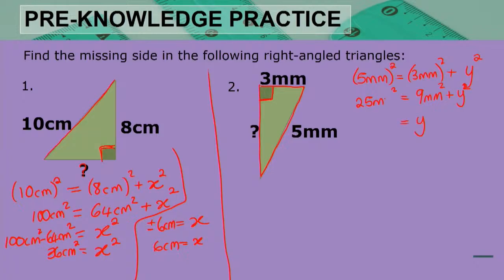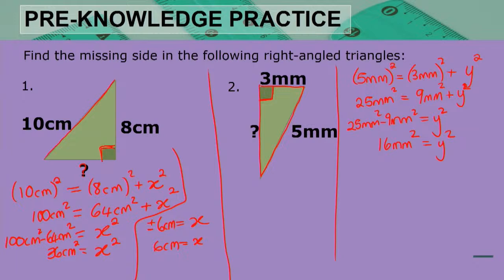So for me to find that unknown value there, we are going to subtract 9 millimeters squared from the 25 millimeters squared. So what is 25 millimeters squared minus 9 millimeters squared? If you are thinking of 16 millimeters squared, then you are absolutely correct.